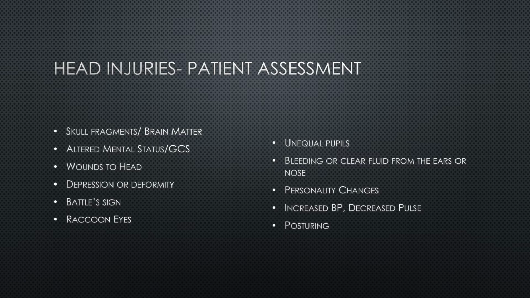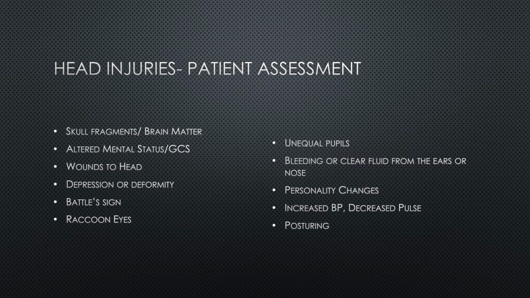We also want to take note to make sure that there is no fluid leaking from the nose or the ears. We want to take note of their pupils, their size, their reactivity, and to see if they are equal. When somebody has a head injury, it is very possible that they can have unequal pupils.